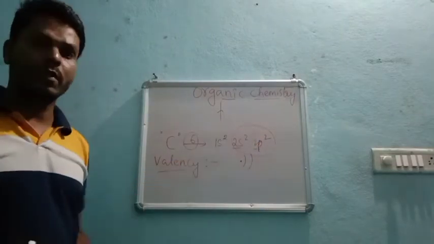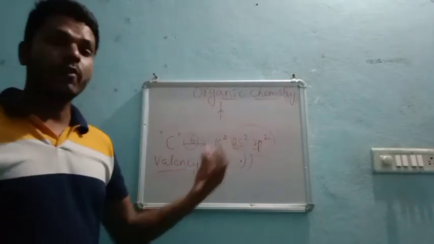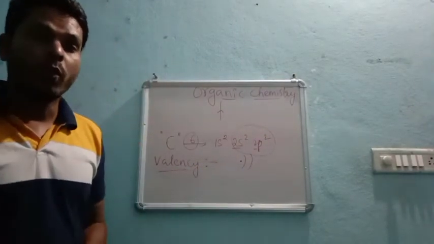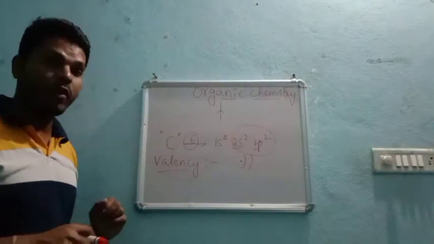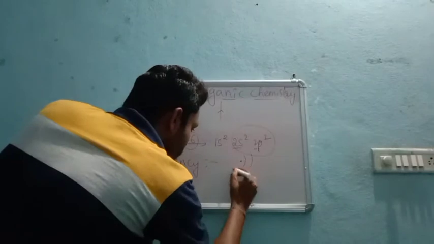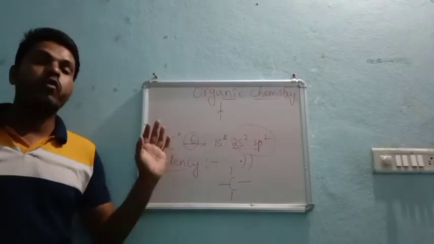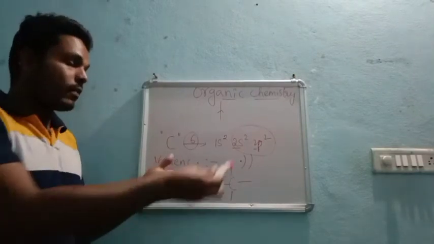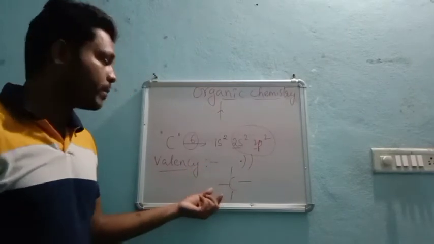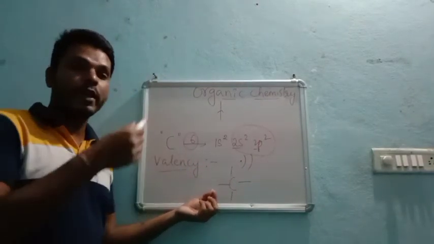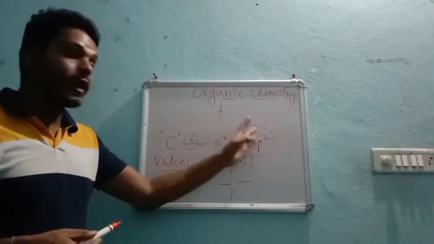How many electrons are present in the valence shell of carbon? There are 4 electrons. So how many bonds can this carbon form? 4 bonds. That's why we always say carbon has 4 valencies. In the 9th or 10th class, you might have seen that around carbon there are always 4 bonds, because it has 4 electrons in the valence shell.